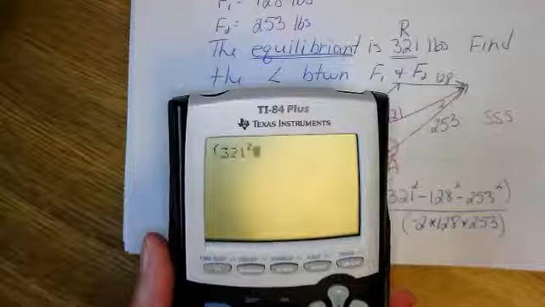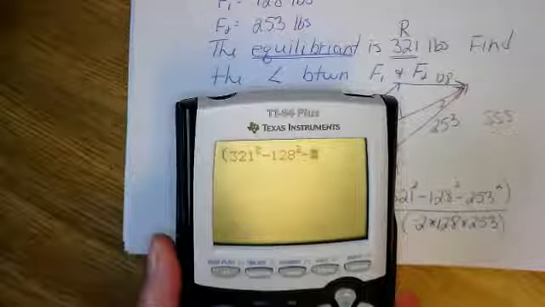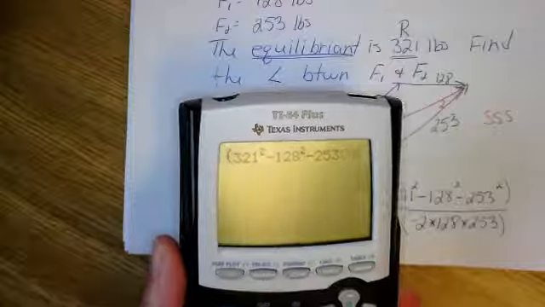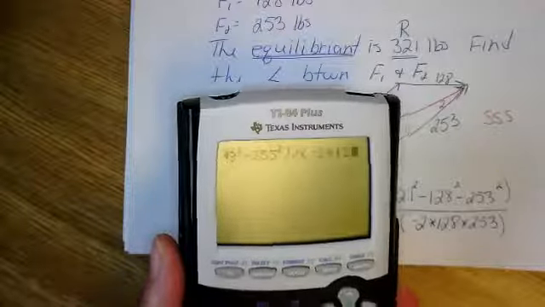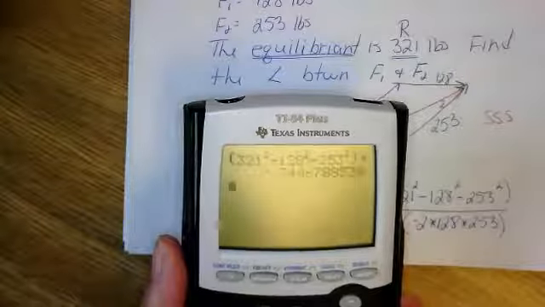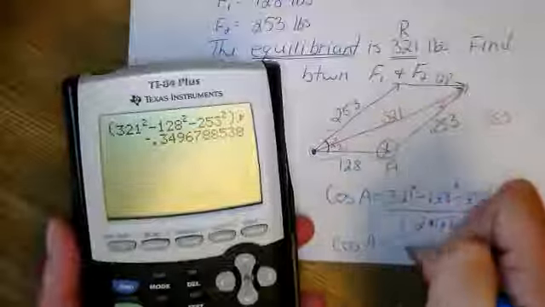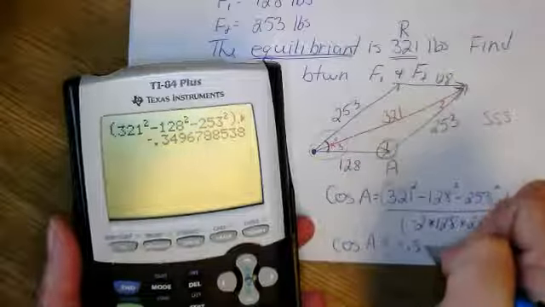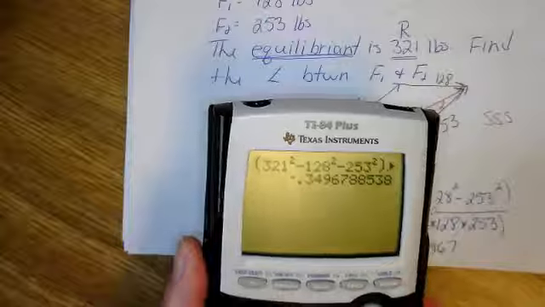321 squared, subtract 128 squared, subtract 253 squared, parenthesis, divide, parenthesis, negative 2 times 128 times 253. Trying to go fast here. Going to get kicked out. A negative, so the cosine of A is negative 0.34967. I'll inverse cosine that.